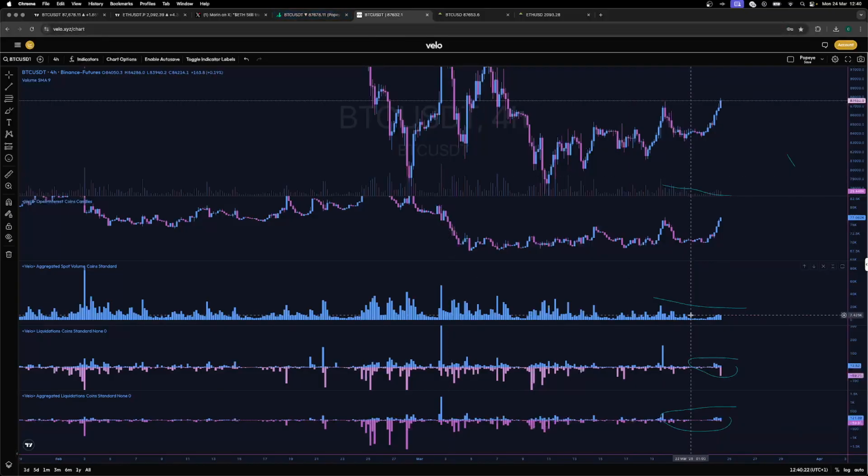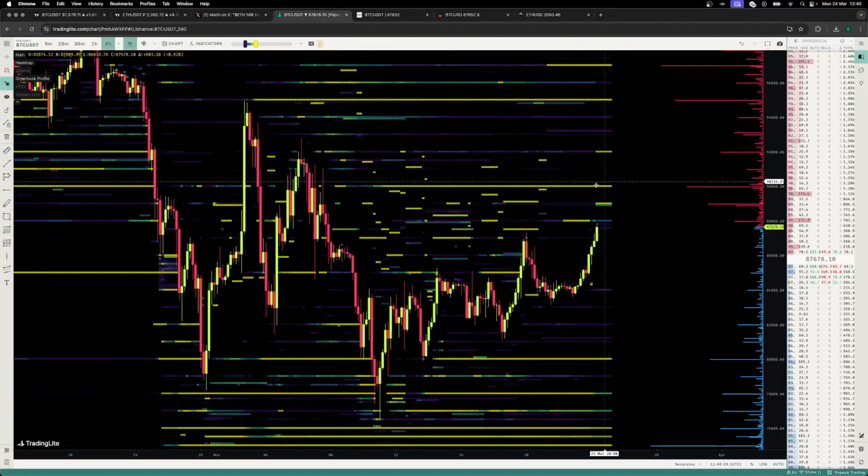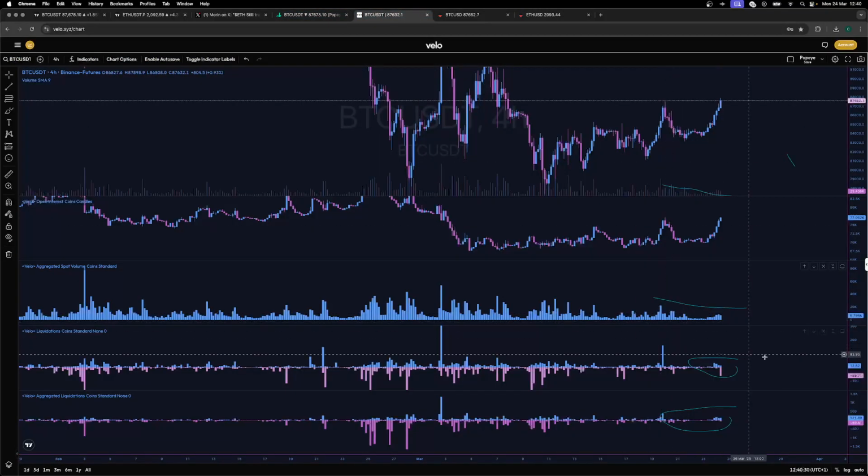That's why I would be keeping my entry point for the short a bit higher, to see this liquidity being taken with a strong liquidation event that would let me be more comfortable on my short.